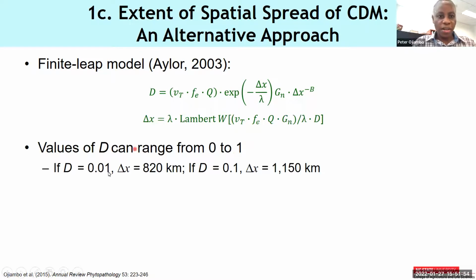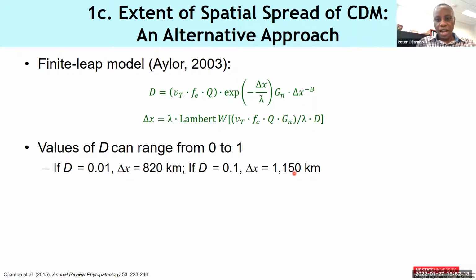We know that these are probabilities which can range from 0 to 1. But realistically, for an aerial pathogen, D can be either 0.01 or 0.1. If you take D equals 0.01 and plug it into this equation, you get about 820 kilometers. And if you take D equals 0.1, you get about 1150 kilometers.